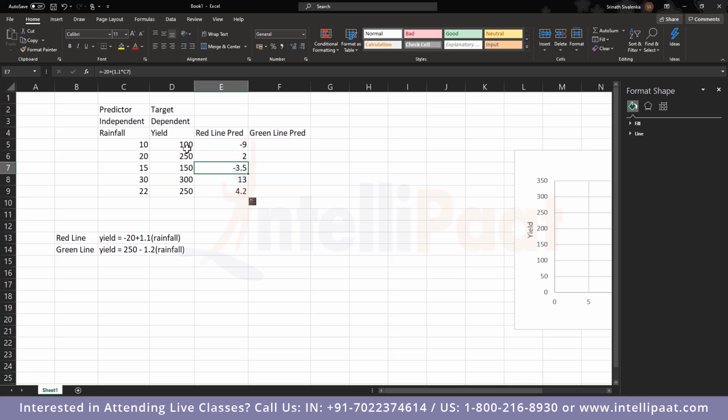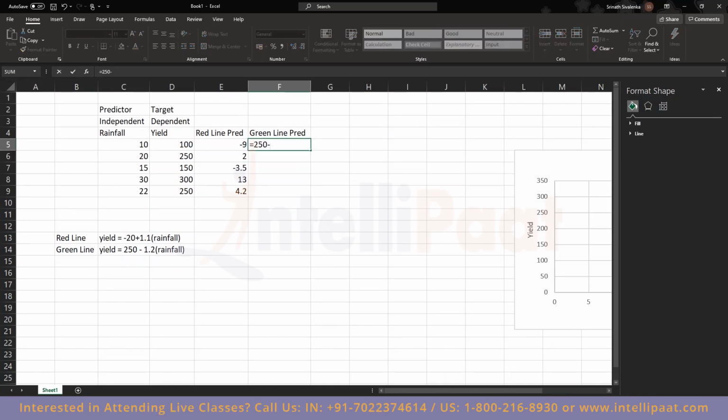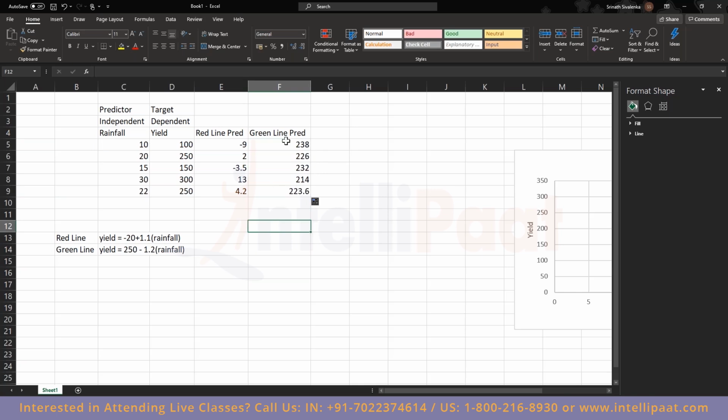Just give me a second. And on the green line prediction, this is going to be 250 minus 1.2 times your rainfall, which is 238. That's the prediction of your green line. So you have your red line prediction and your green line prediction at this particular point.